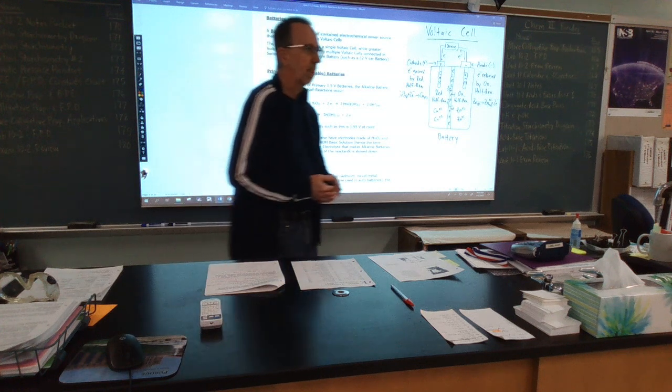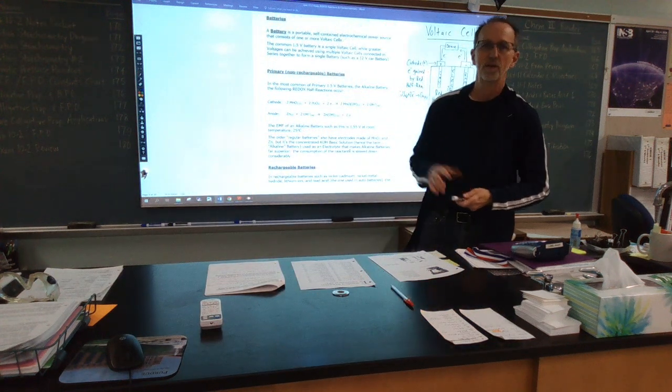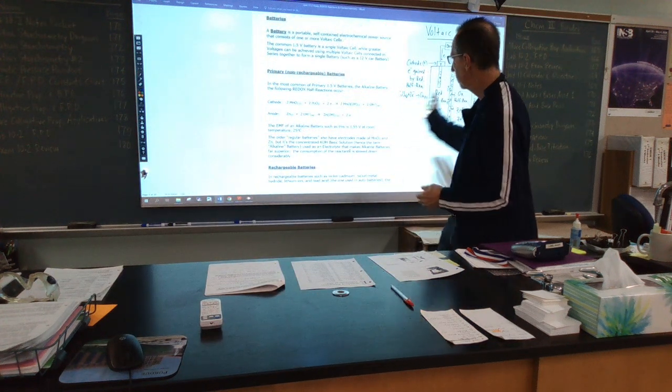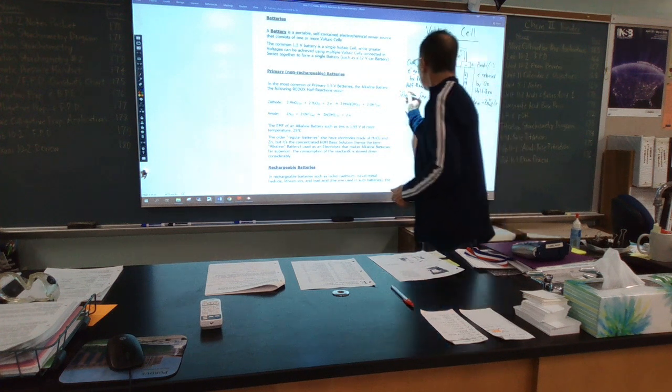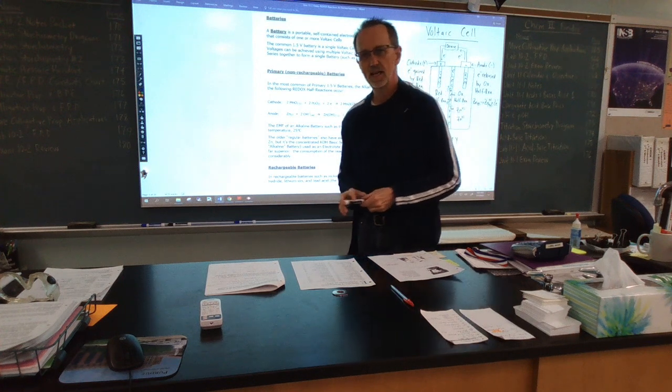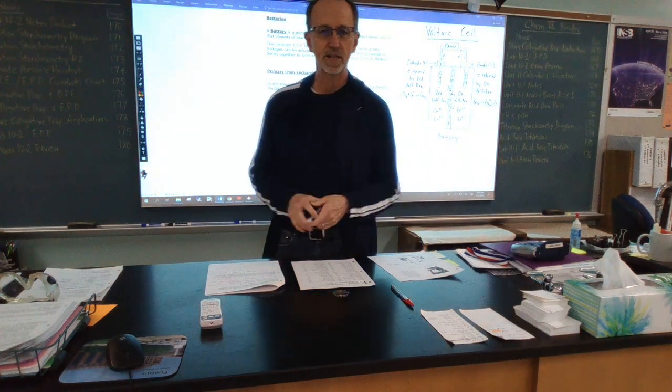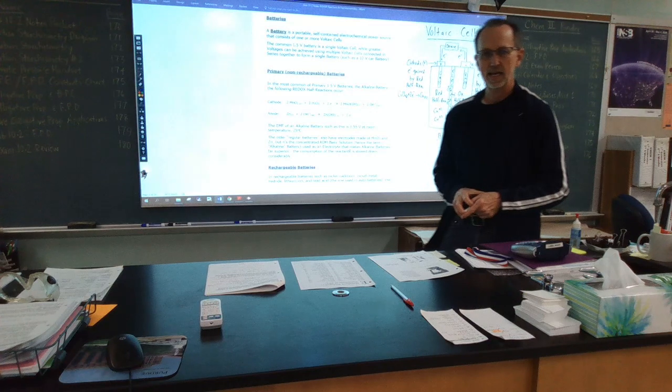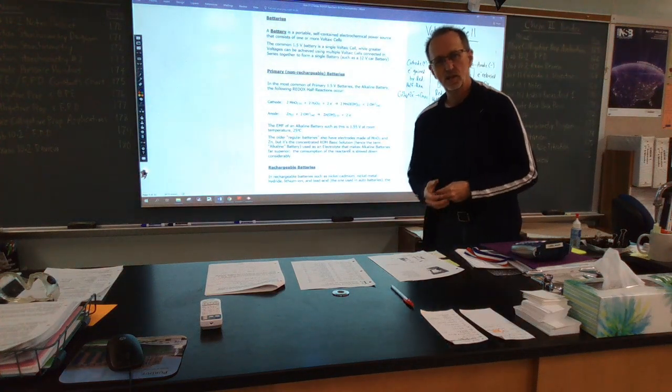So a battery can be either a single voltaic cell, such as this one. Like I said, the common AA or AAA or C series or D series batteries are all single voltaic. A 9 volt is as well a single voltaic cell.